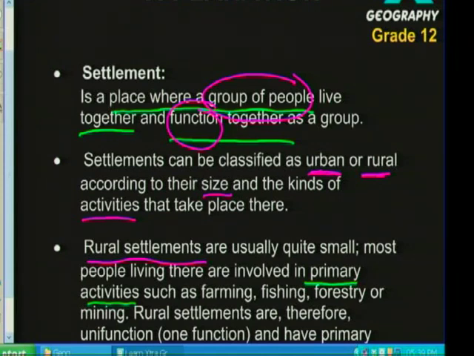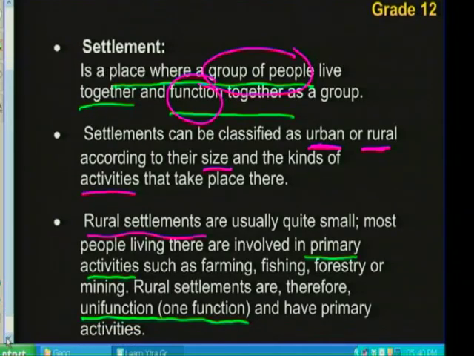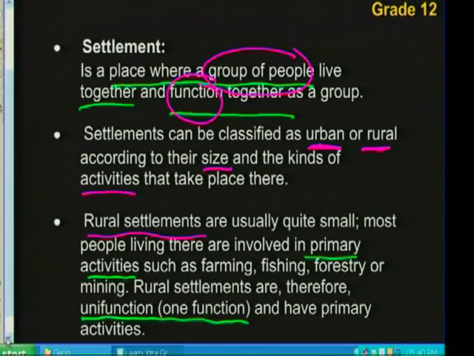Rural settlements are therefore unifunctional, meaning one type of function, and therefore are associated with primary activities. The keywords for rural settlements are primary activities and unifunctional.